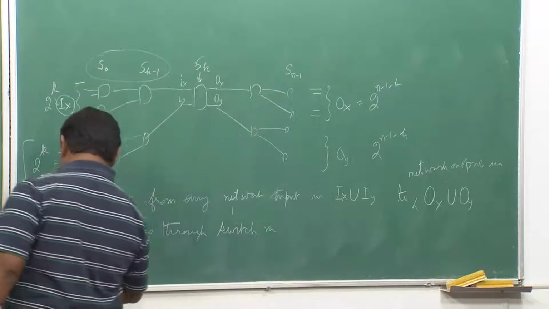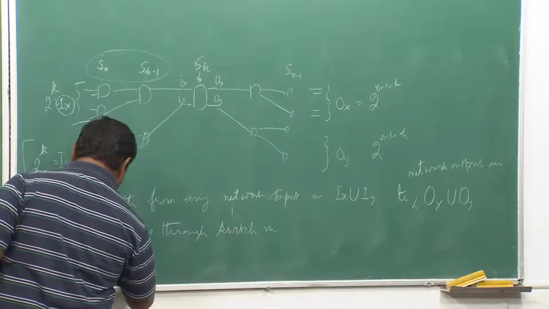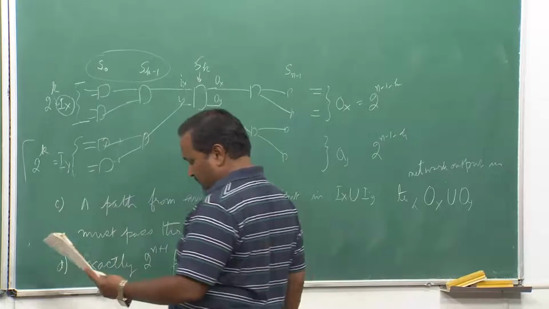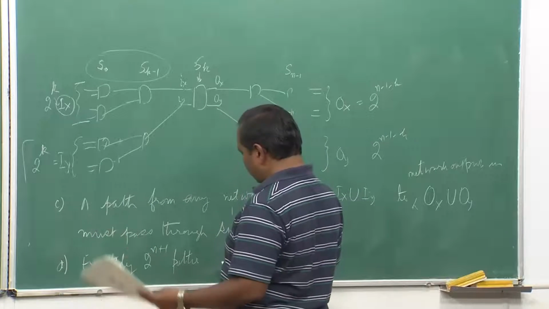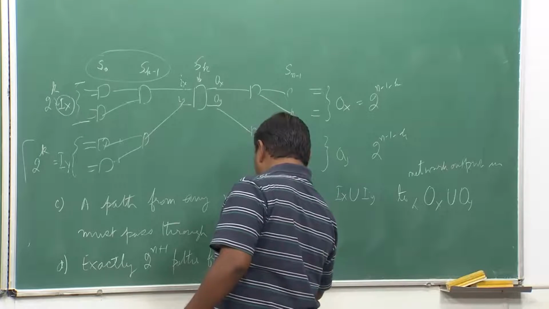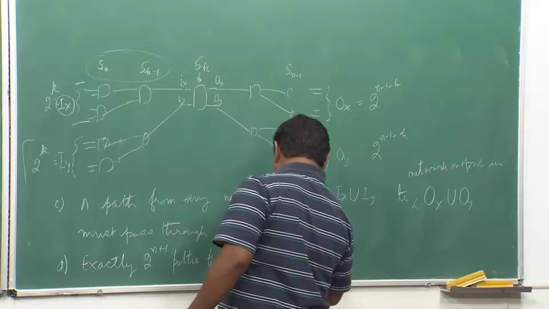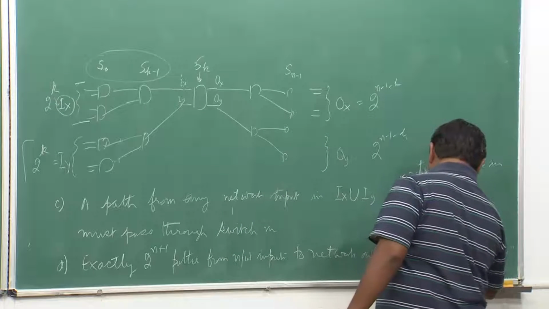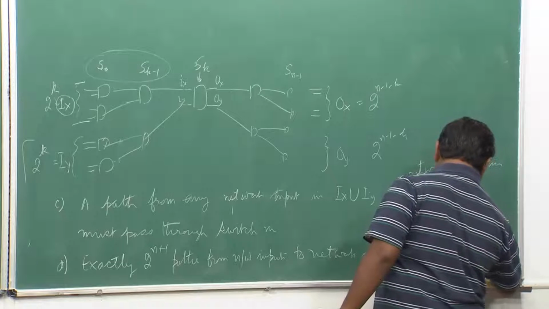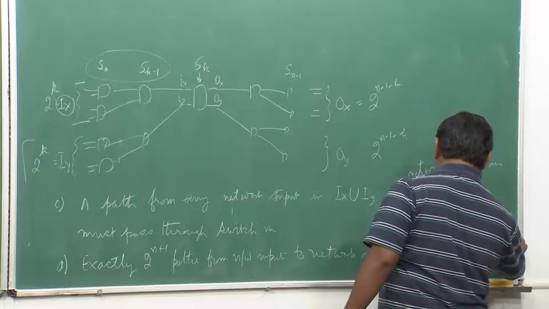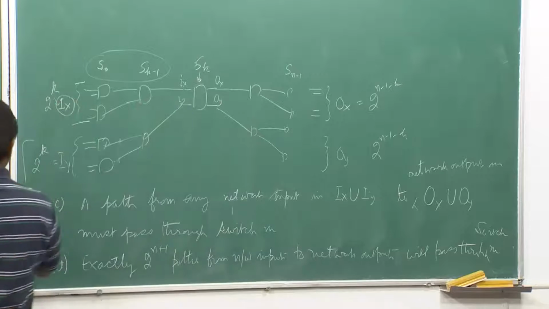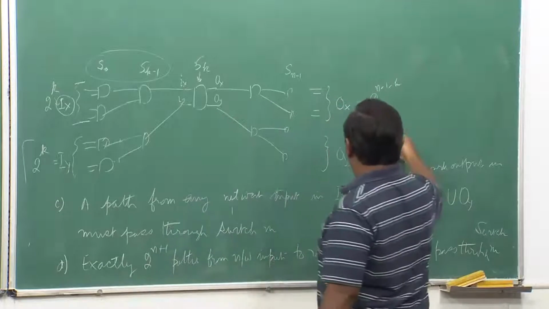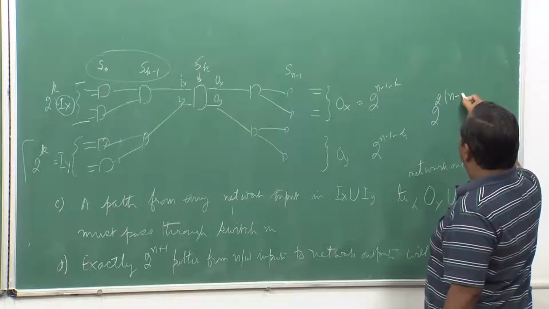and the D part, which is that exactly 2 raised power n plus 1 paths from network inputs to network outputs will pass through switch M. So, you can see the total number of elements which are here is 2 raised power 2k, and the total number of elements which are here is 2 raised power 2 into n minus 1 minus k.